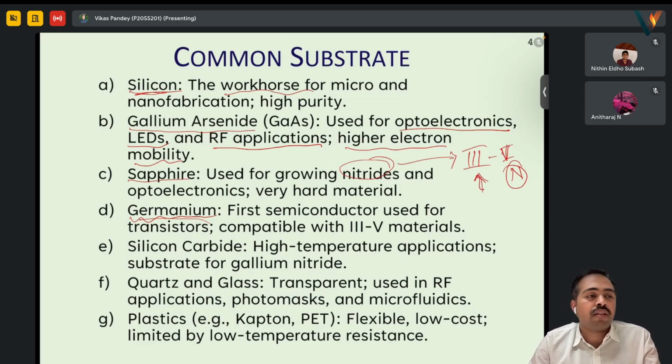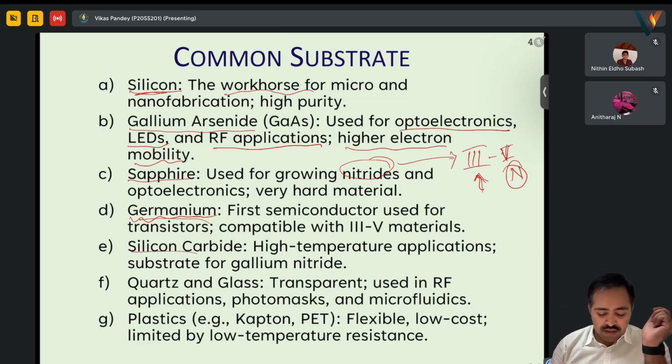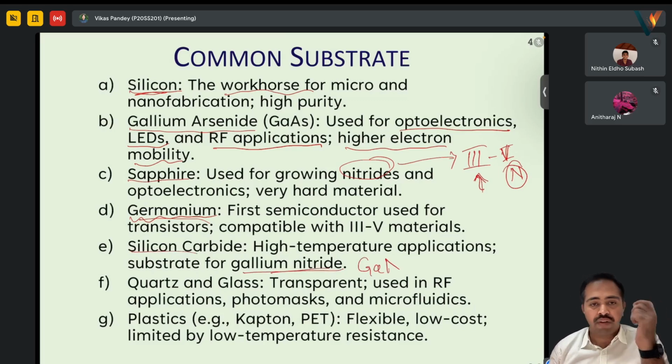Epitaxy is where we grow crystals aligned with the substrate crystal. In that case, germanium is used. Then comes silicon carbide, a very hard material with hardness comparable to diamond. It is generally used in high temperature application and as a substrate for gallium nitride, GaN, as I was saying.